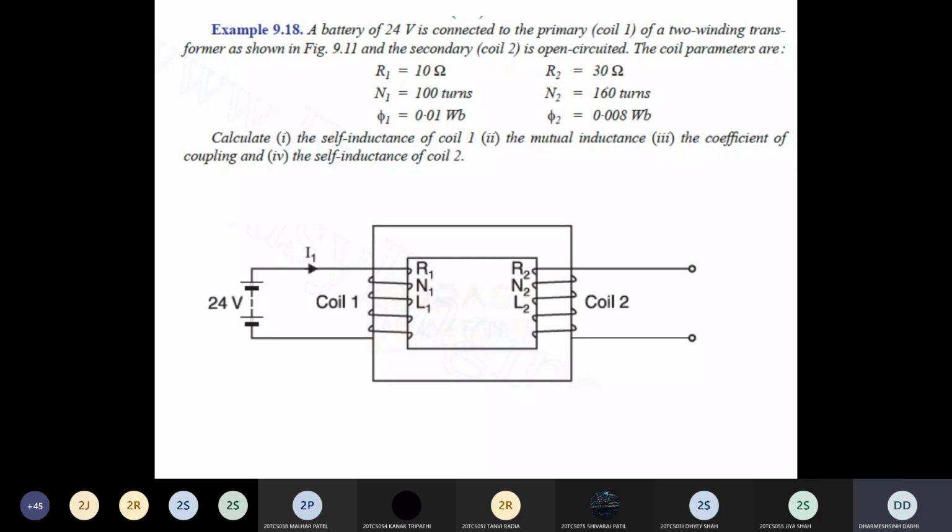So this phi 2 given for coil 2 is nothing but the flux linkage with coil number 2, because there is no current flowing into coil 2. So there is no self flux produced by coil number 2. So this flux phi 2 is because of the current flowing into coil number 1. So you can say that this phi 2 is nothing but phi 1 2. Clear?